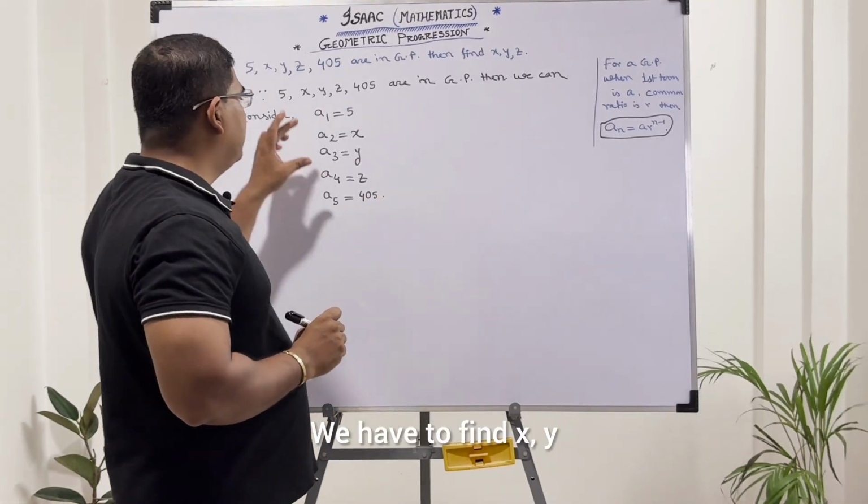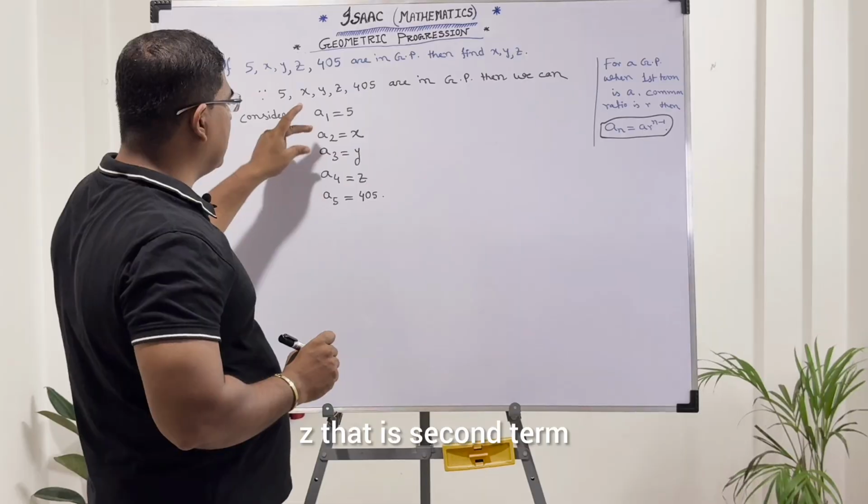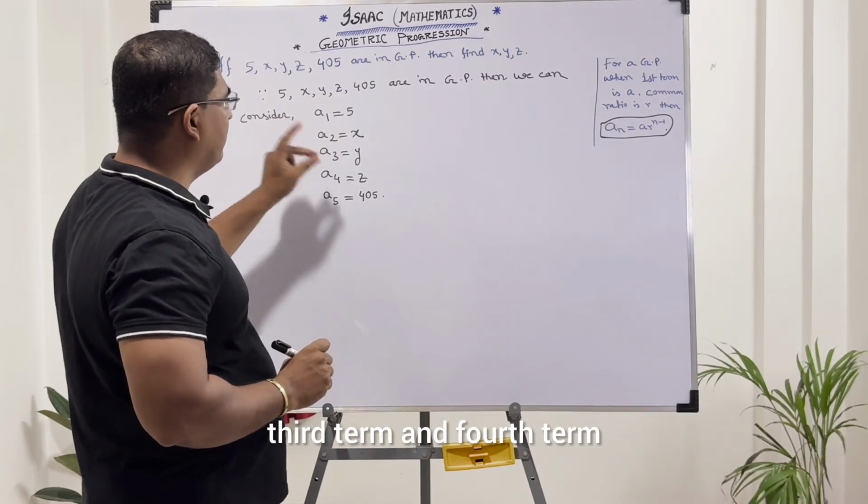We have to find X, Y, Z, that is second term, third term and fourth term.